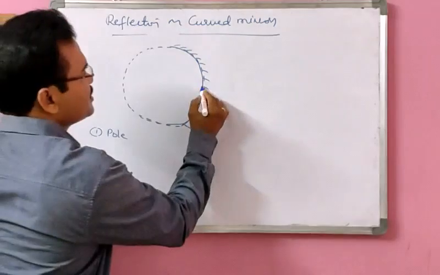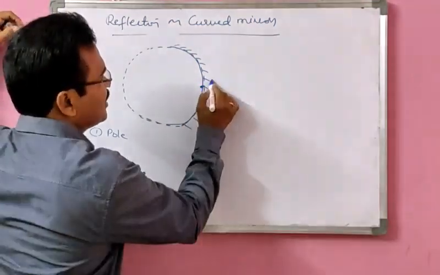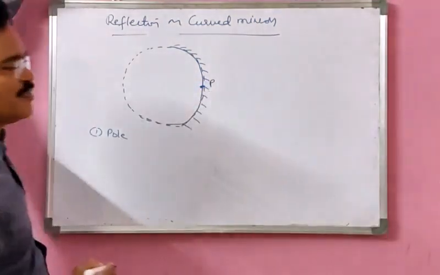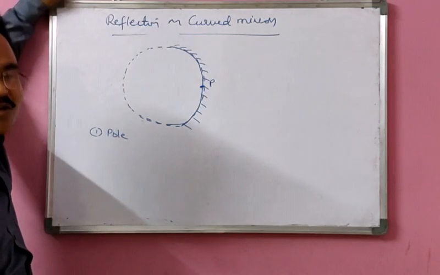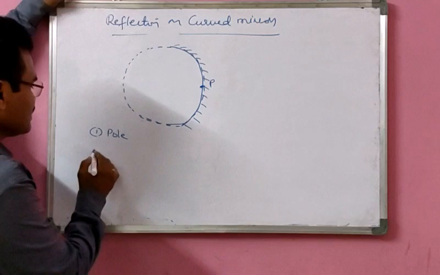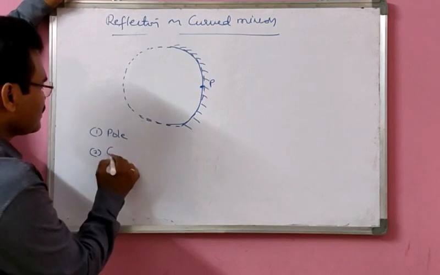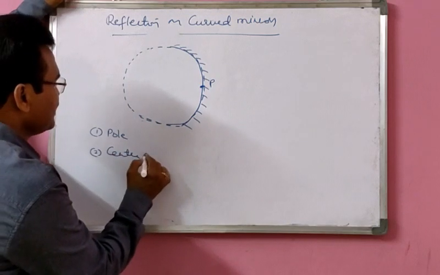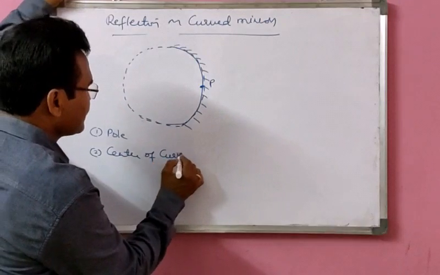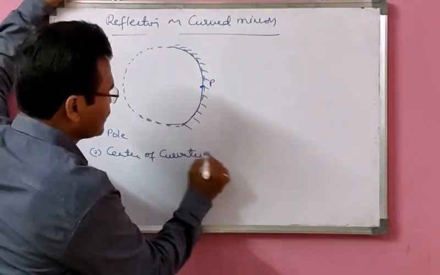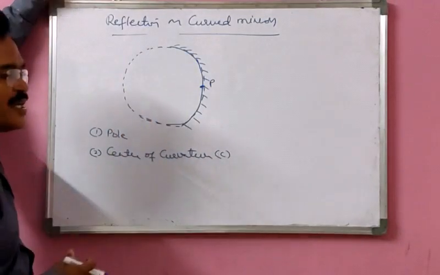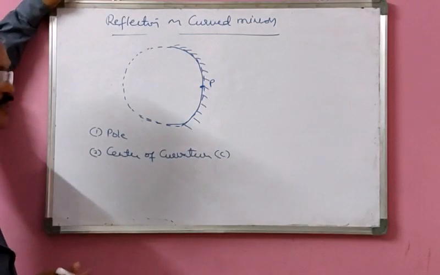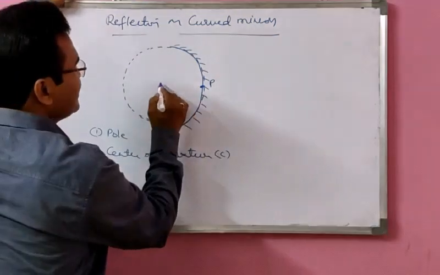Pole means the center of the mirror. This point is called the pole of the mirror. Second one, center of curvature. Just now I told you the mirror was taken out of a sphere, and every sphere has one center.